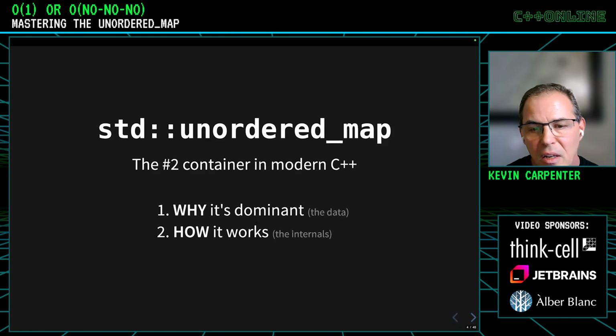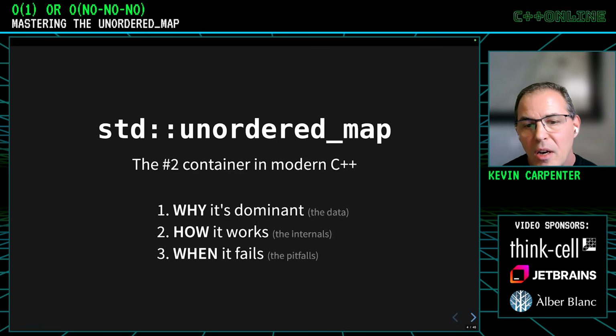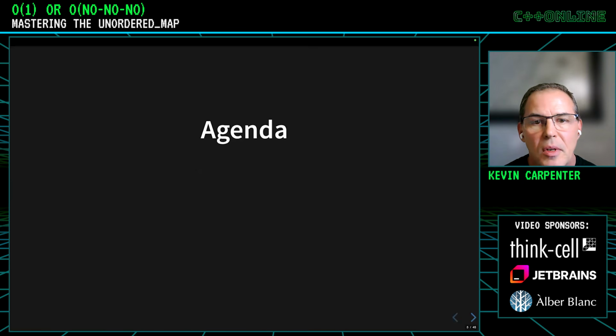You really need to understand a few things. Otherwise, it is definitely the container that you can do wrong accidentally without realizing it. And then we're going to talk about when it fails and what those pitfalls are, right? And that kind of leans back to, how we make sure, knowing how it works, that we don't have it fail and we get the performance out of it that we're hoping to.